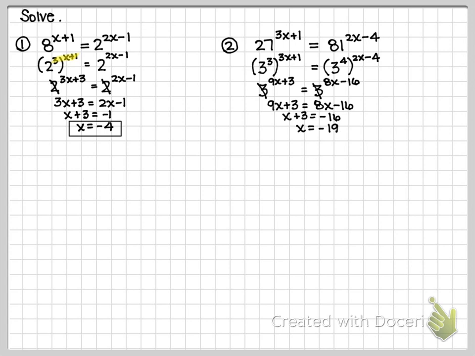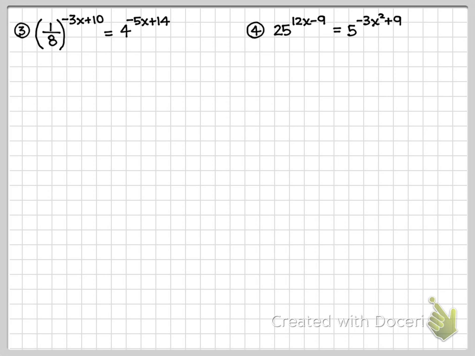Looks like I get x equals -19. So not so bad. On this slide, we're looking at exponential equations where you can match the bases. You might only have to match one of the bases or do work on one of the bases, like question number 1, or you might actually have to change both of them. It happens.